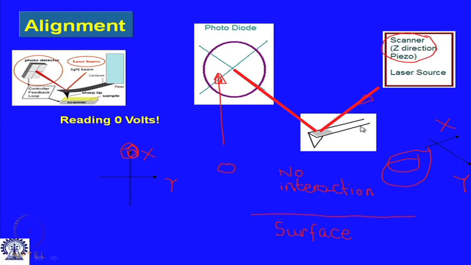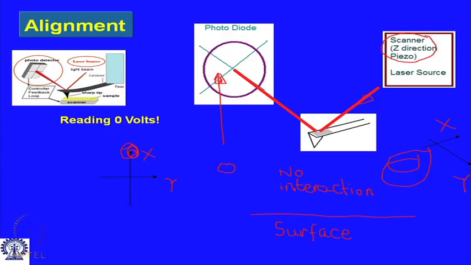We have already talked about the length of this whole cantilever chip being a few hundred microns, and the tip having a height of a few tens of nanometers. You could do it manually, but the immediate thing that is going to happen is that you are going to break the cantilever or the probe. So, this is also automated, and typically slow speed stepper motors are used to bring the cantilever or the probe in close proximity to the surface.